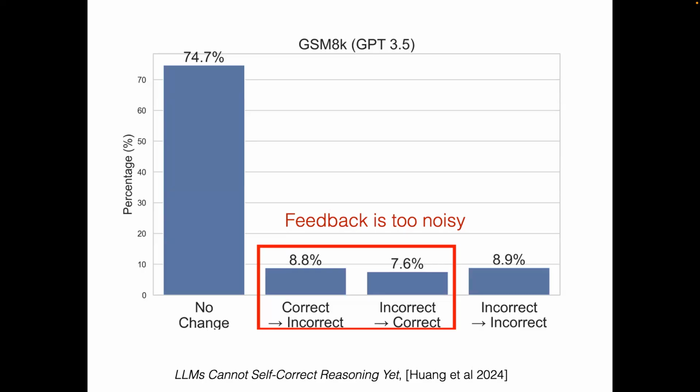But here at least they found that, so here the model was trying to say, let me look at the solution that I just produced, let me try to tell whether it's correct or incorrect, and then refine. And they basically found that the model was just as often going from a solution that was already correct to an incorrect solution as it was going from an incorrect to a correct solution. Okay, so here it wasn't really working that well.